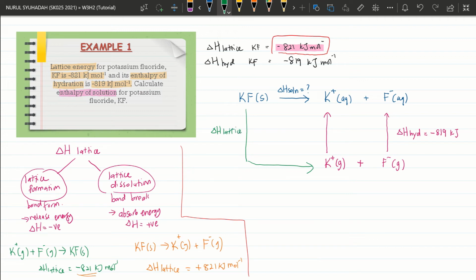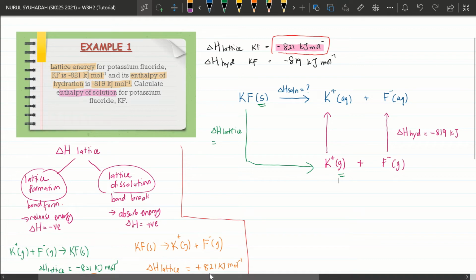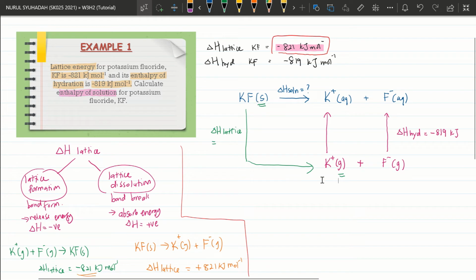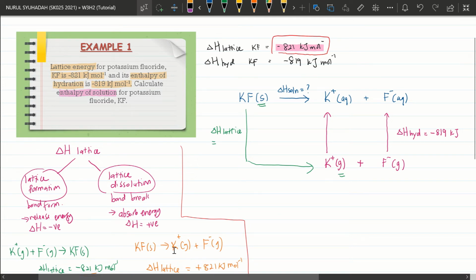Okay, this is the part that you need to be very careful about. So right now, my delta H lattice is from solid to gas. So if you look back over here, which value are you going to use? Negative 821 or positive 821? Okay, so the one that matches this one is this one, the lattice dissociation, positive 821 kilojoule per mole.